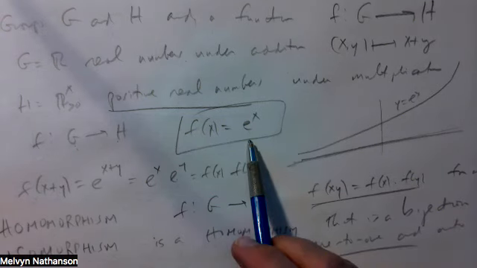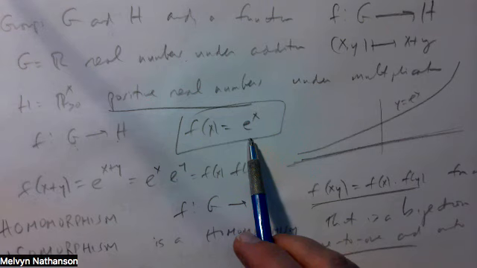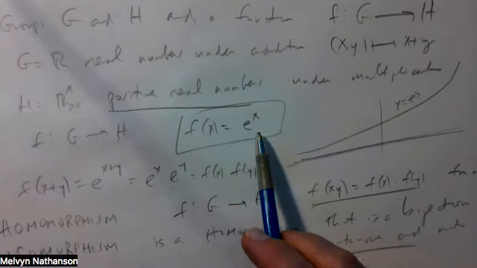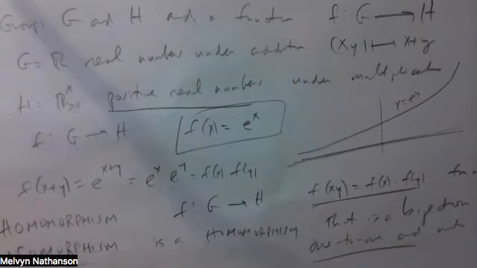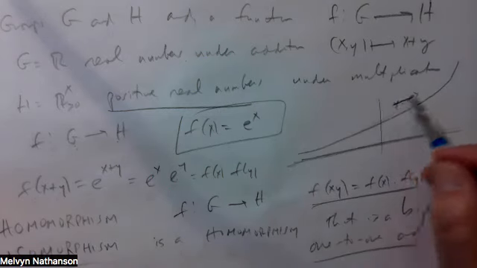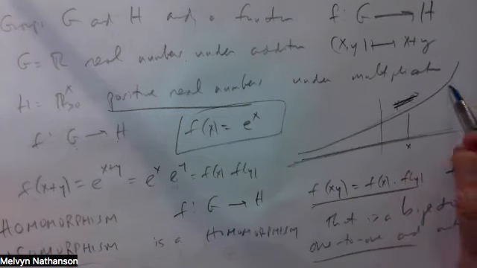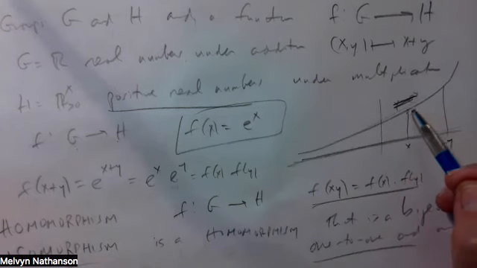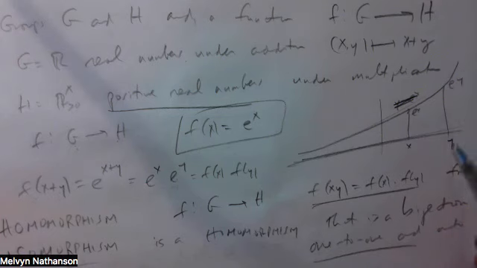So for example, this function, e to the x, is one-to-one and onto. If x is different from y, real numbers, then e to the x is different from e to the y, because this function is monotonically increasing. If I take a number x and a number y, this is e to the x, this is e to the y. If y is bigger than x, e to the y is bigger than e to the x. So f is one-to-one.